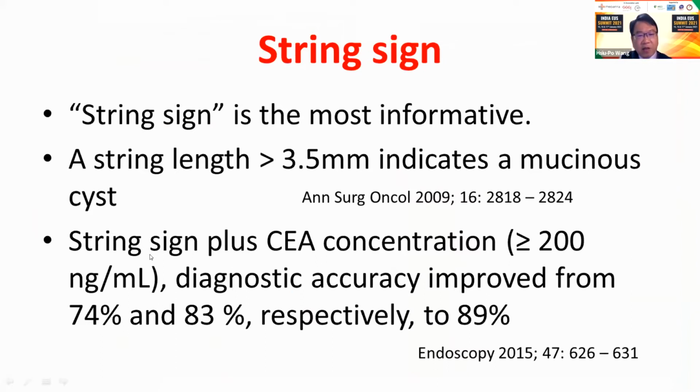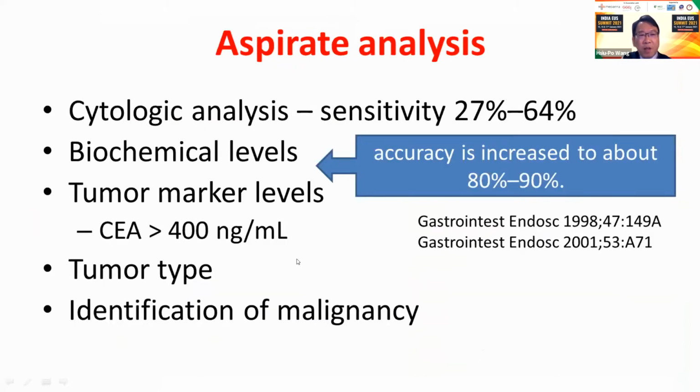There is one study where string sign plus CEA concentration can improve the diagnostic accuracy up to nearly 90%. So aspirate analysis, including biochemistry, tumor markers, and cytology analysis, makes it possible to identify malignancy.